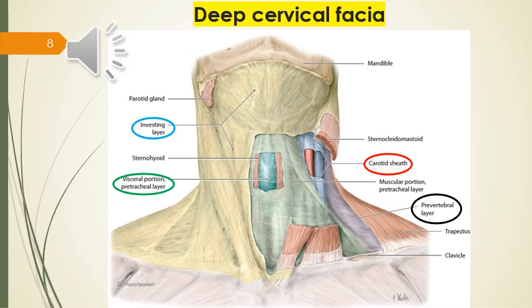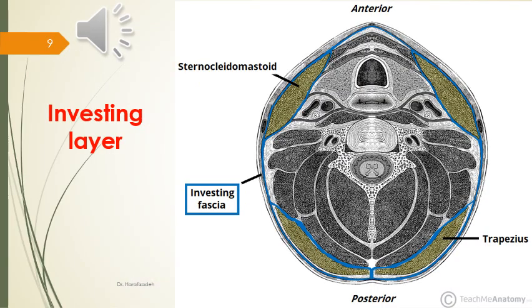Carotid sheath, I show you with a red circle. And paravertebral layer, I show you with a black circle. These 3 compartments are 3 divisions of the deep layer of the deep cervical fascia. And the investing layer I show you with a blue circle here.